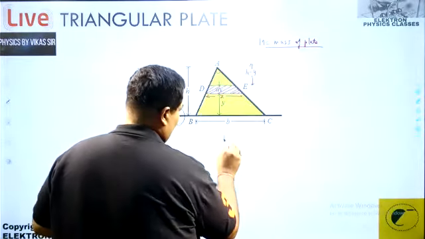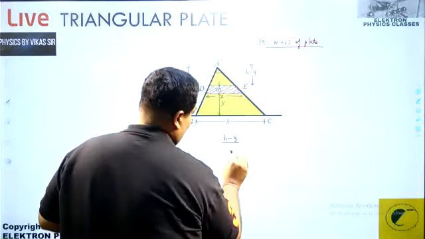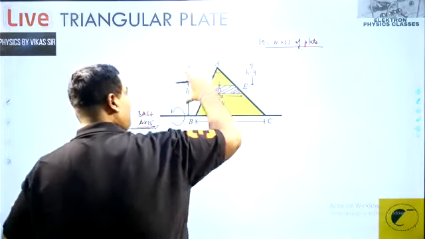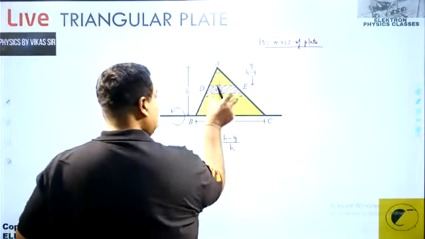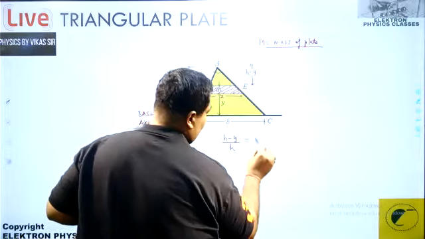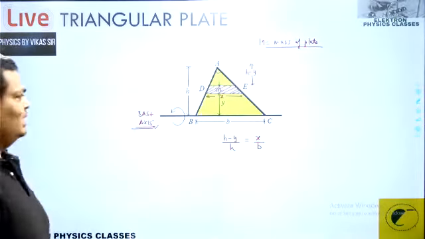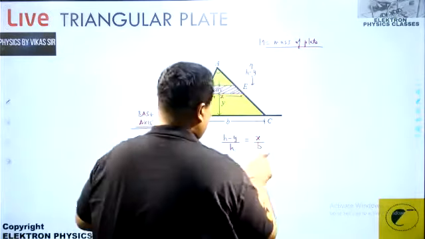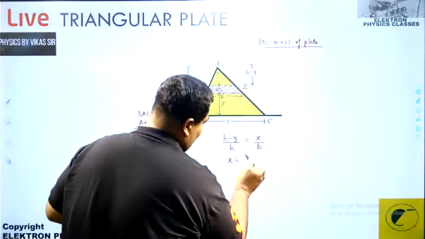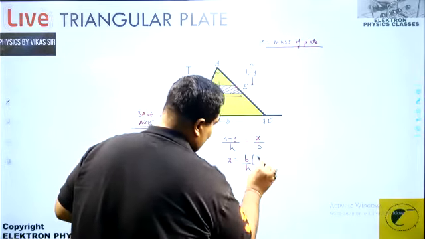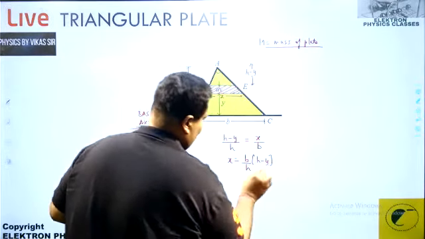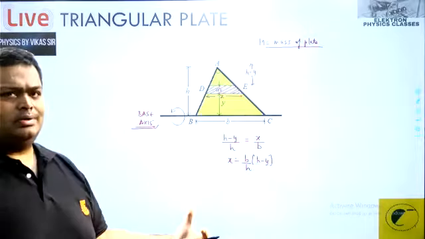That's h minus y upon h as x upon b. From this, I get the value for x: x becomes b upon h into h minus y.